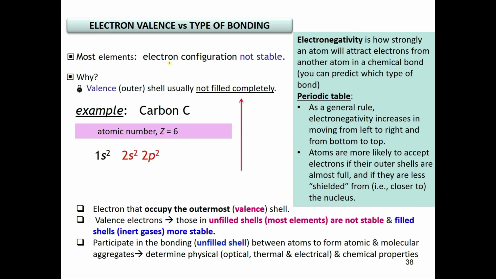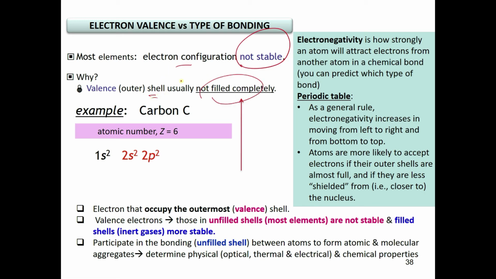There are a lot of atoms which, when you do the electronic configuration, have energy states or orbitals that are not filled up by electrons. So it means this electron configuration is not stable because the orbitals still need to be filled up by electrons. Because of that, the outer shell is not fully complete.